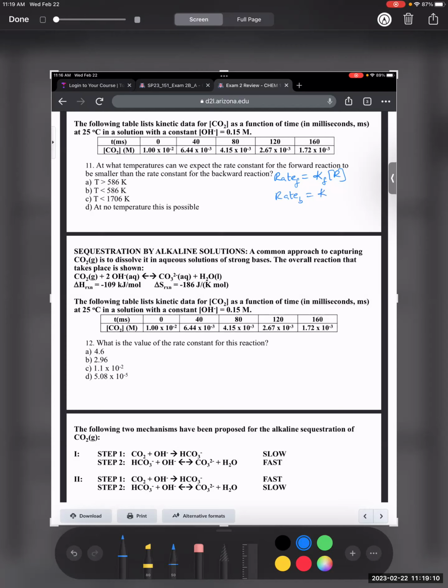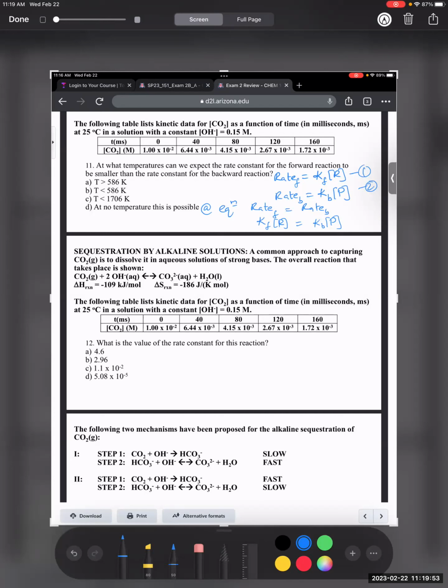There should be the rate constant for the backward reaction times the reactants for the backward reaction, which are going to be the products, raised to some exponent, which we don't want to worry about for the moment. This is my 1, this is my 2. At equilibrium, we know the rate forward is equal to the rate backward, meaning Kf times reactant concentration to the power of something is equal to Kb times product concentration.